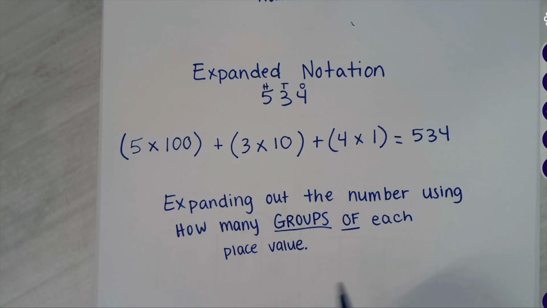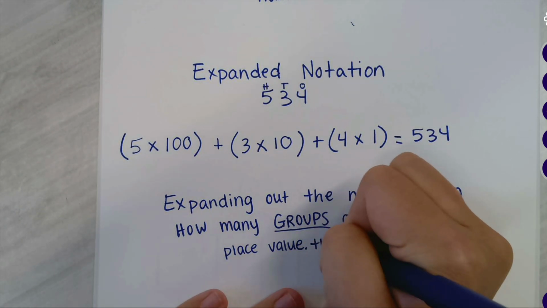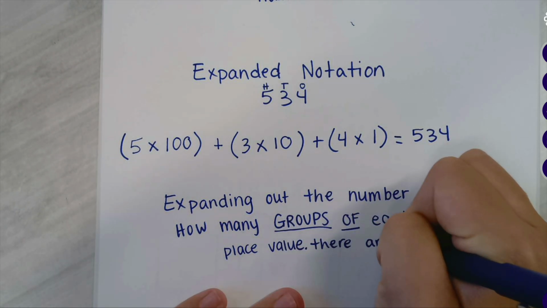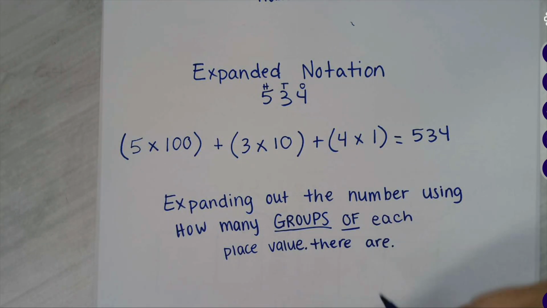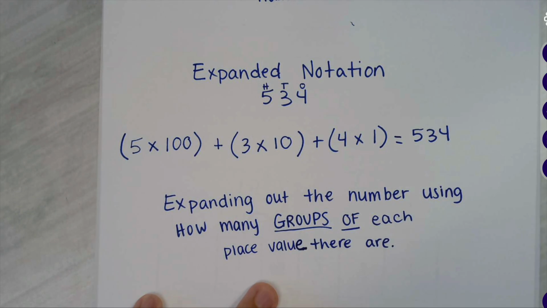Expanding out the number using how many groups of each place value there are. That makes more sense. Just ignore my period there.